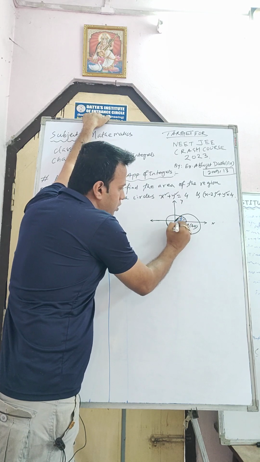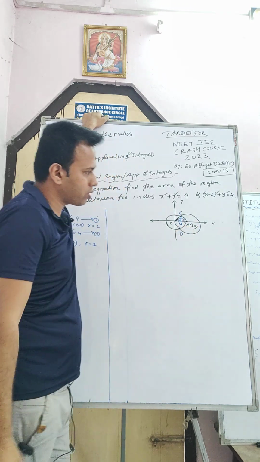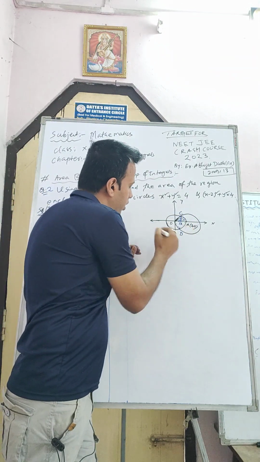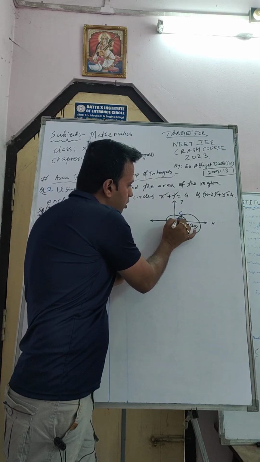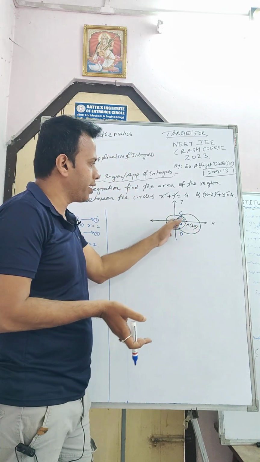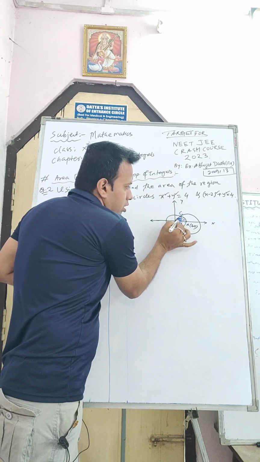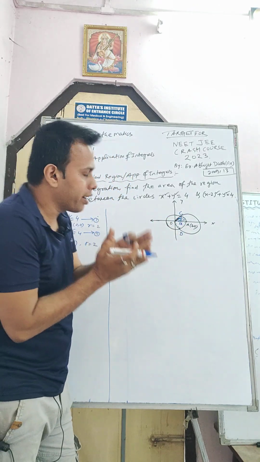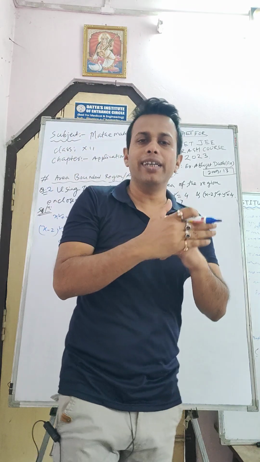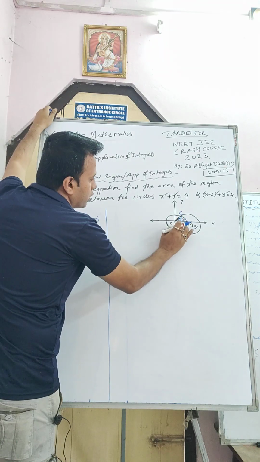Suppose this one is B, this one is C, this one is D, and this one is A. First we find the area of the region OBC, and after that CBA. If we add these, we get the upper part area enclosed by the two circles, and if we multiply by 2, we get the lower part area also, because the upper and lower parts are the same.